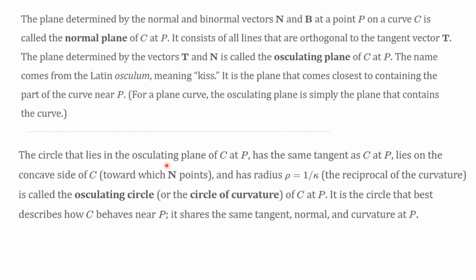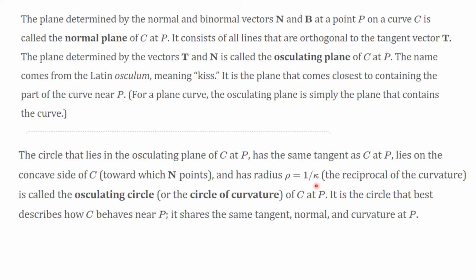The circle that lies in the osculating plane of C at P has the same tangent as C at P and lies on the concave side of C, towards which the normal points, and has radius rho equal to 1 over kappa.